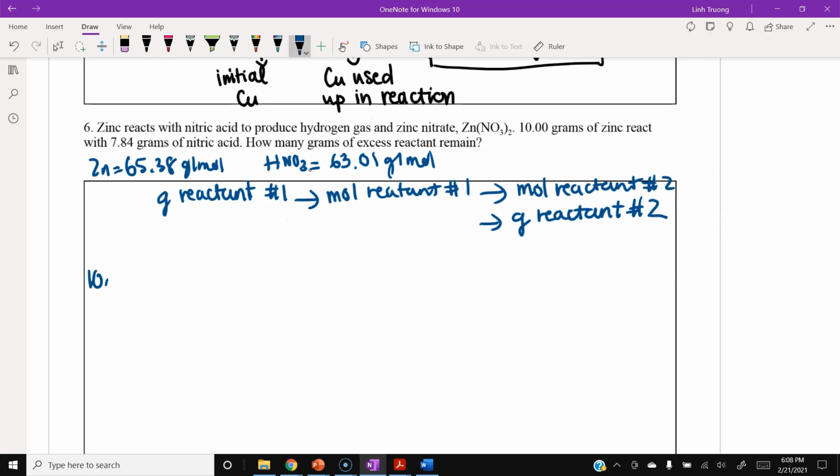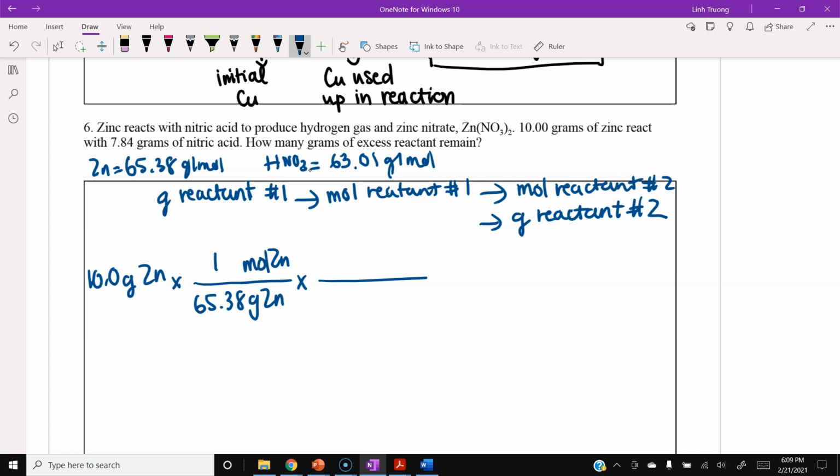First, let's do 10 gram of zinc, which is our reactant number 1. I want to convert that to mole, and I want zinc at the bottom and mole on top because I want mole to stay and gram to cancel. Knowing our molar mass for zinc is 65.38, 1 at the top. Now I can move on to converting mole of zinc to mole of nitric acid, which is our other reactant.